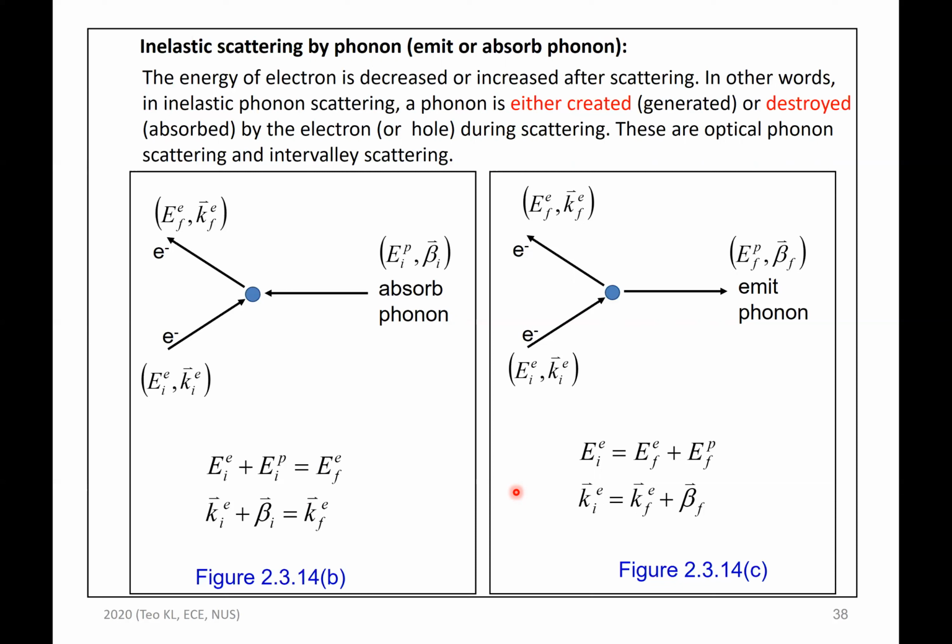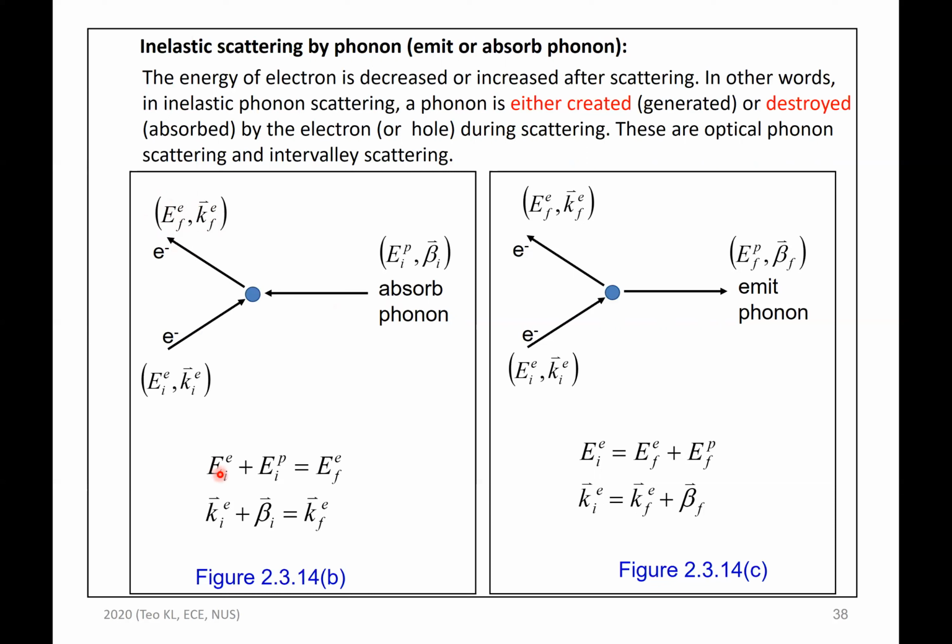So let us look at this diagram. I forgot to mention that such a diagram is called the Feynman diagram. The incoming electron, traveling inside a semiconductor, absorbs a phonon and then is scattered. And this gives you the final energy of the electron and final momentum of the electron.